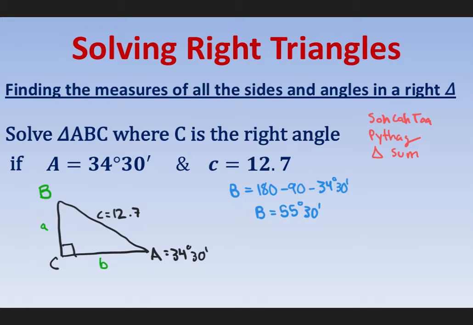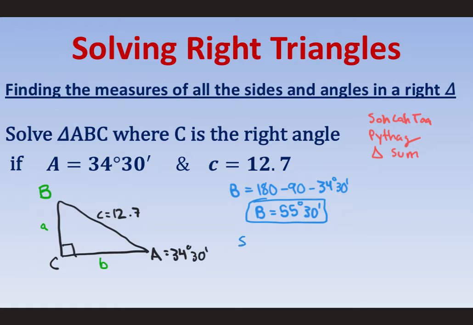Now, that got me B, so big B is done. I'm going to have to use some trig in order to find little a and little b. I'm probably going to use this original angle they gave me here to find a and then to find b. A is my opposite, b is my adjacent, so I'll probably have to use sine and cosine since they gave me the hypotenuse. So I'll set those two problems up.